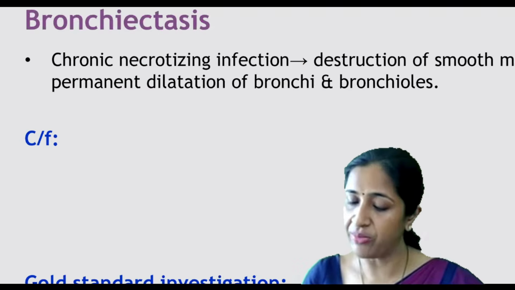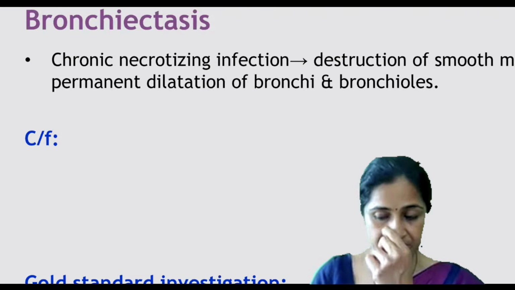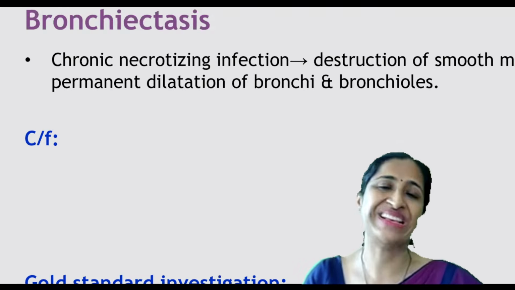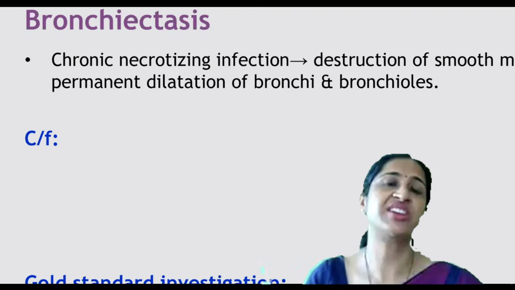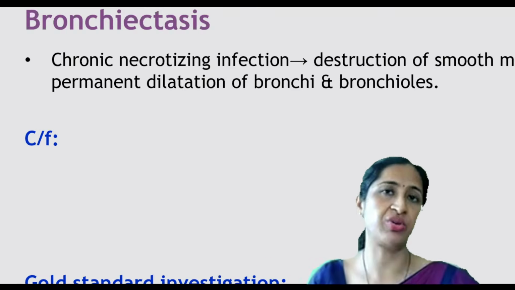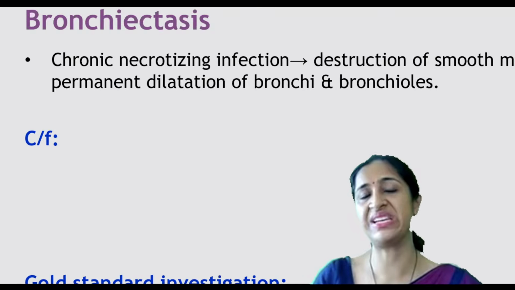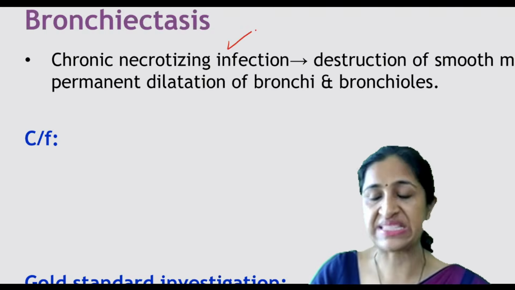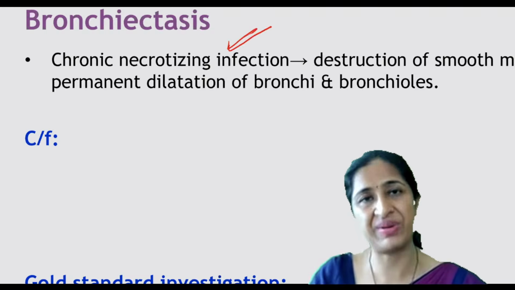Now, bronchiectasis. Primary bronchiectasis is a congenital condition where there's a defect in the cartilaginous tissue in the wall of the bronchus. What we commonly see is secondary bronchiectasis, occurring because of persistent chronic infection and inflammatory cycles.